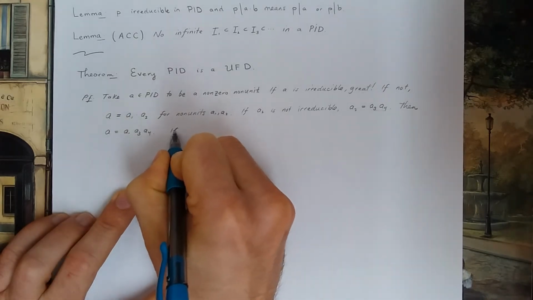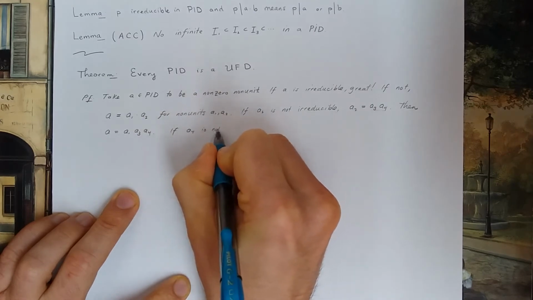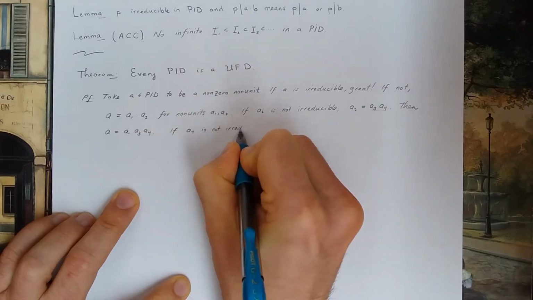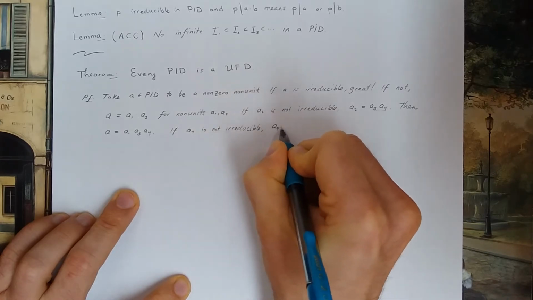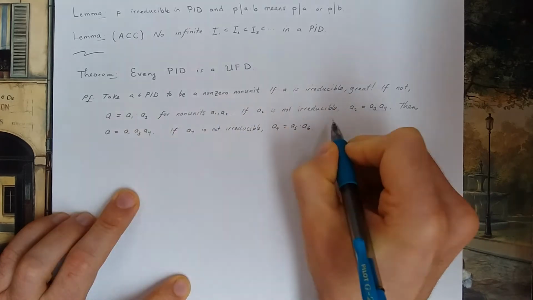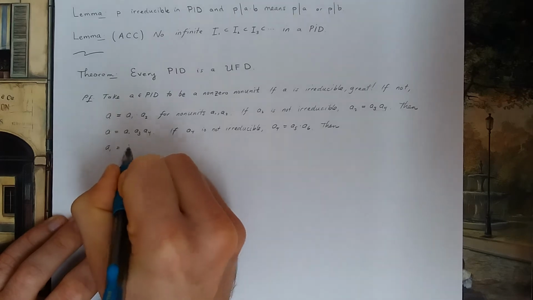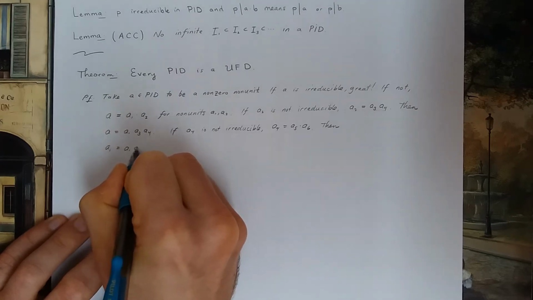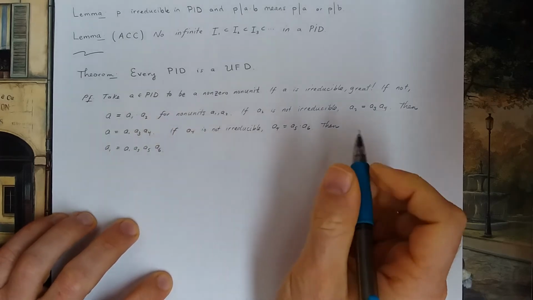Now if A4 is not irreducible, then A4 is A5 times A6 for non-units. Then we see A is A1, A3, A5, A6.